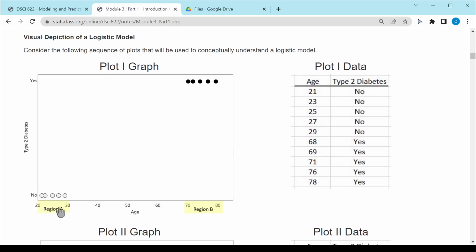If they're in region A, I'm pretty confident that those individuals do not have diabetes. I'm going to be equally confident that the individuals in region B do have diabetes. Suppose another woman shows up and her age is 24 years old. She's probably not going to have diabetes based on this data.